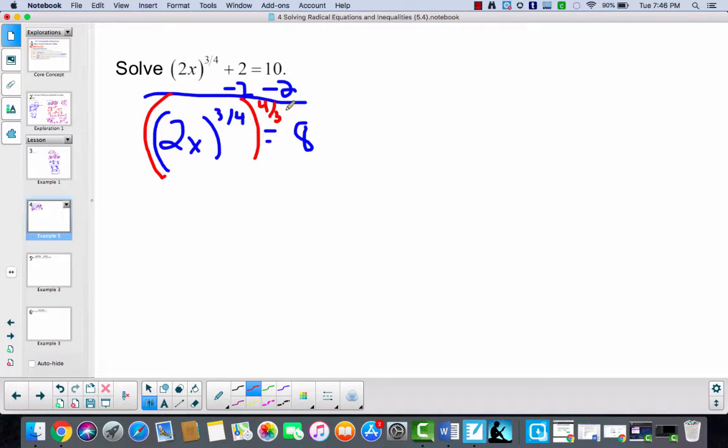What I end up using is the reciprocal here, because if I take 3/4 times 4/3, that becomes 12 over 12, which is 1. Have to do the exact same thing over here, though. These are going to cancel, leaving me with 2x. And this is 8 to the 4/3 power.